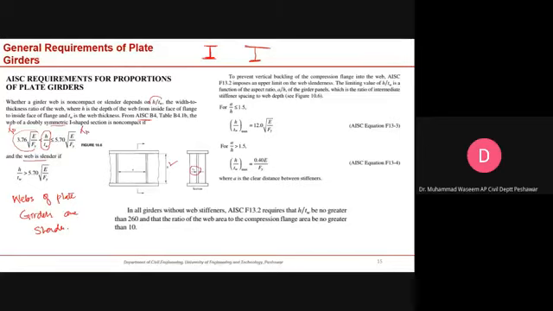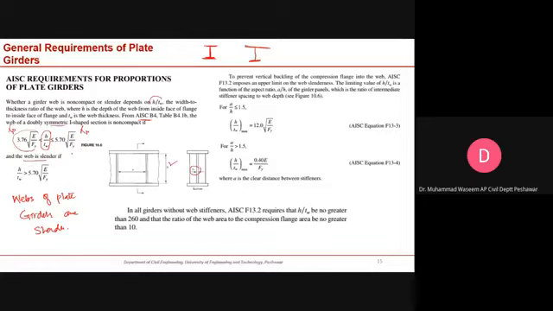If the web depth to thickness ratio is less than this value, then your web will be compact. If it falls in between these two values, your web will be a non-compact section. And if the value is greater than this limit you see here, the web will be slender.